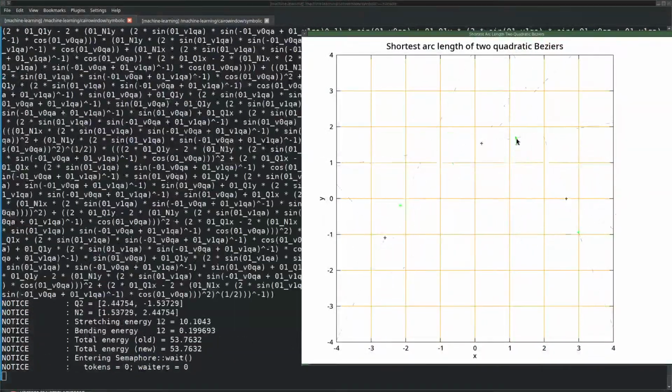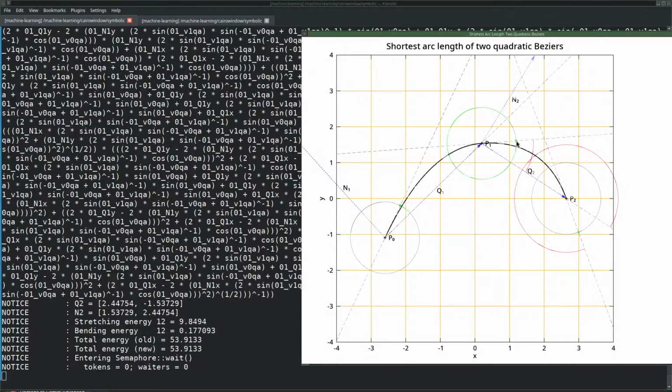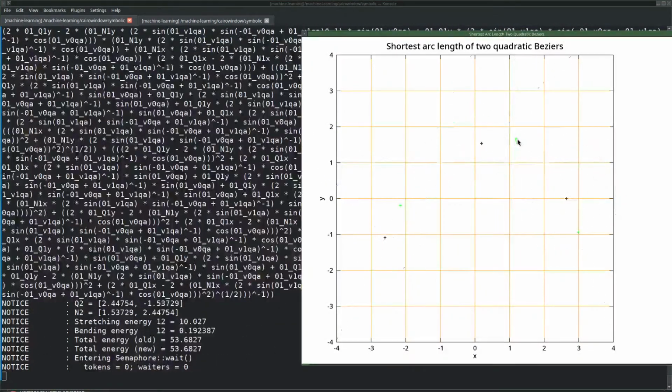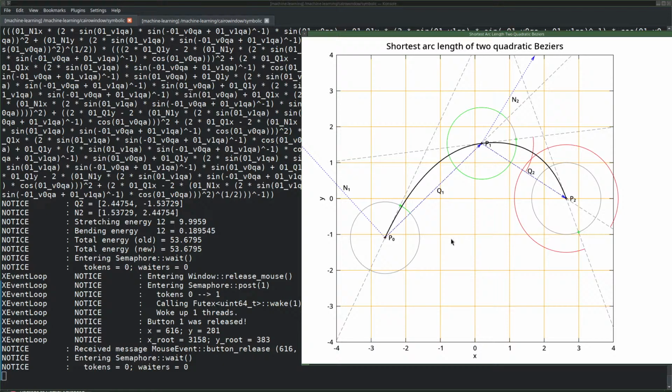Now it gets larger again. So 53 is like the smallest. Let's see, 53 something. And yes, that is, as I had sneakily expected, the bisector of this angle.